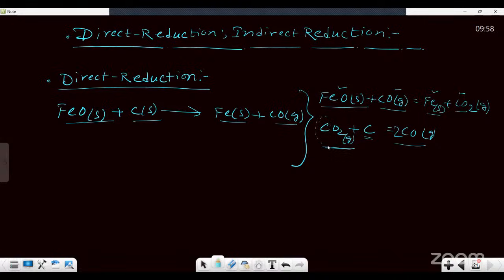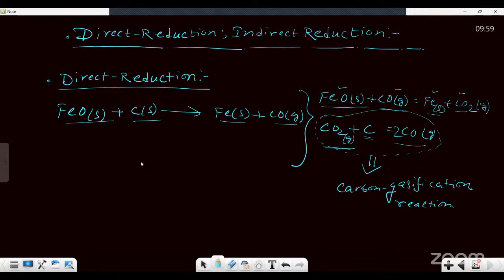This reaction, CO2 plus carbon giving us 2 times of CO, is what we call the carbon gasification reaction. Always remember, they can directly ask you which reaction is the carbon gasification reaction, so you need to know it.